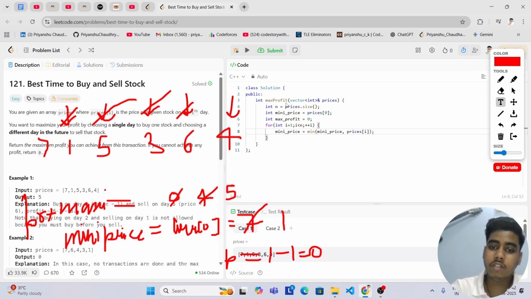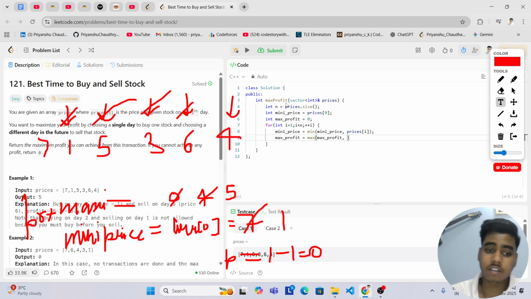So this will update the minimum buying price, and also we have to keep updating the max profit found so far. So max profit will be the max of max profit and the profit at the current day. The selling price is prices of i minus the buying price, which we have stored so far as the minimum buying price.